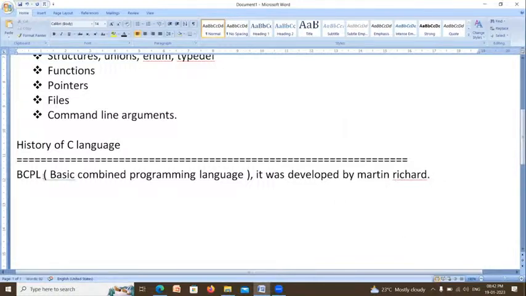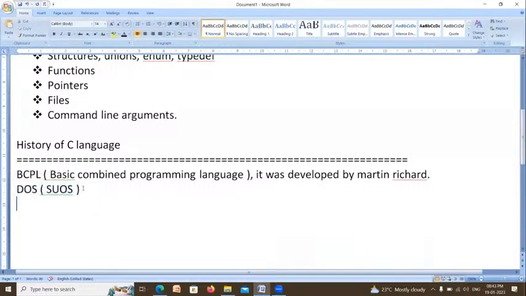At the time of the development of BCPL, there was one operating system called DOS, disk operating system. Actually, DOS is a single user operating system, meaning this operating system can support only one user at a time.